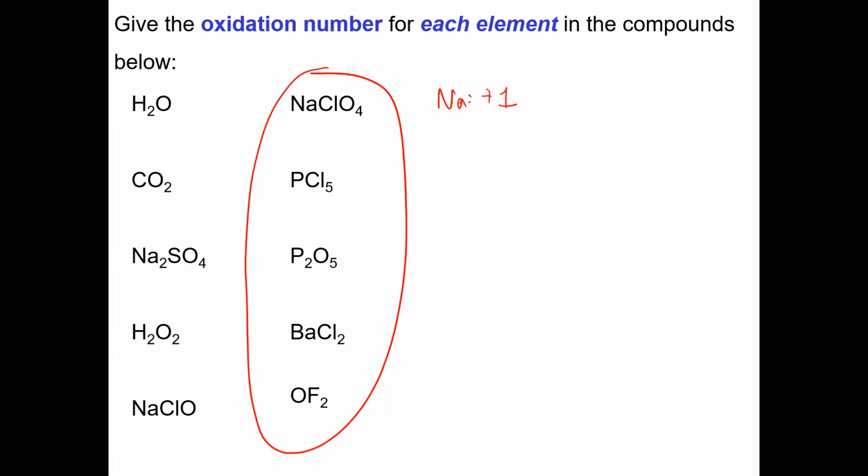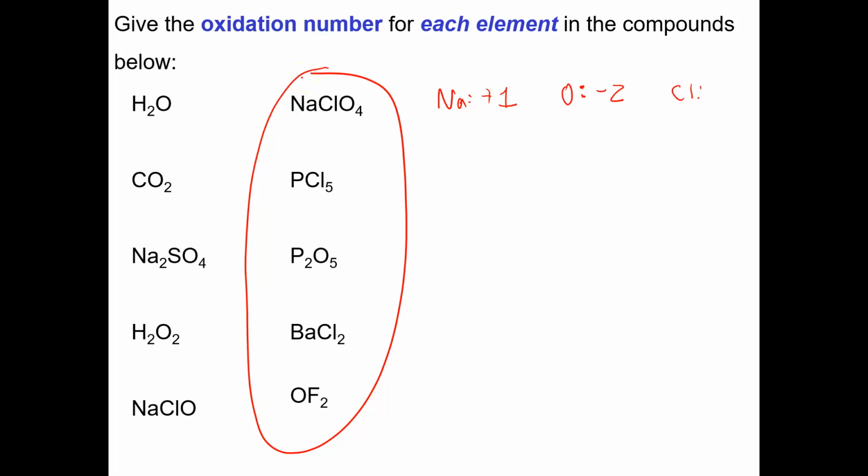This compound is not hydrogen peroxide, and there's no fluorine present, so oxygen is going to be -2. That just leaves chlorine, and we're going to use rule number 4 to figure out what chlorine is.